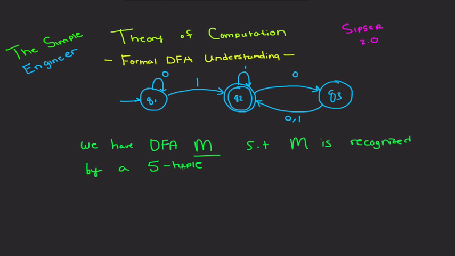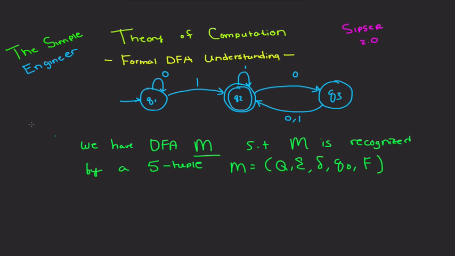For those of you wondering what a tuple is, it's basically a parenthetical set of data. Tuples are used in programming languages, like an immutable list. So it's represented by a 5-tuple M, where M equals Q, sigma, delta, Q0, and F.